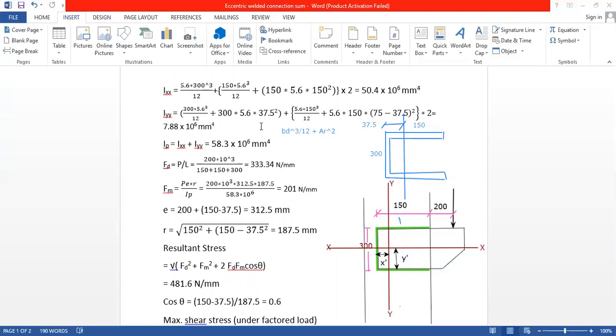And now we have come to the first strip and the third strip. For the first strip, the y axis is not exactly passing through the centroid of this strip, so again we have to apply the parallel axis theorem.